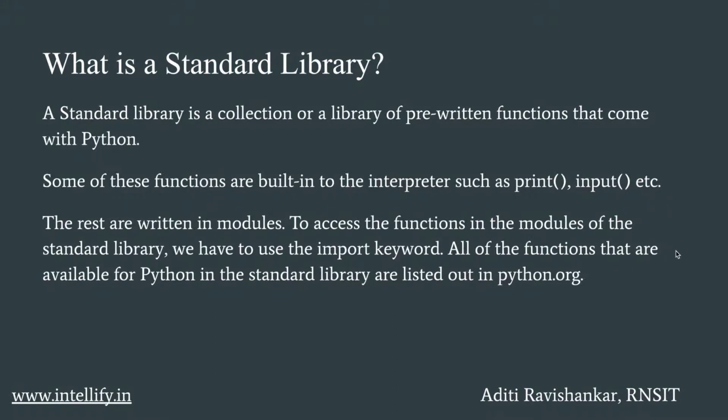To access the functions in the modules of the standard library, we have to use the import keyword. We have already discussed this in detail in the modules video of the chapter. All of the functions that are available for Python in the standard library are listed out in python.org.